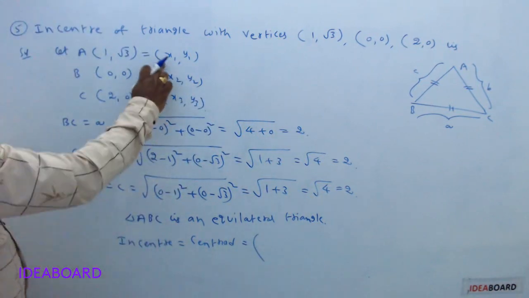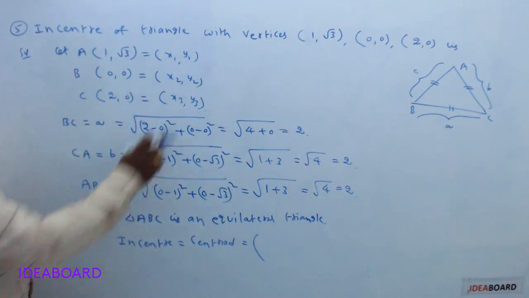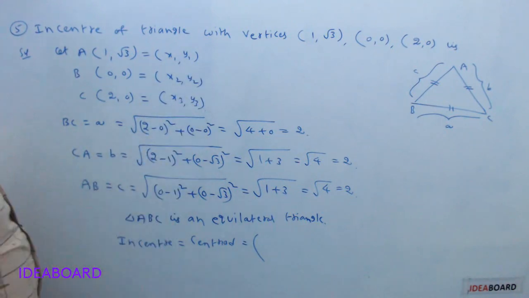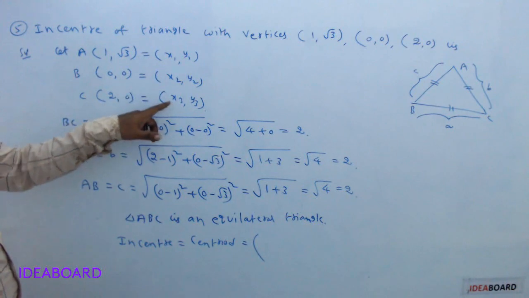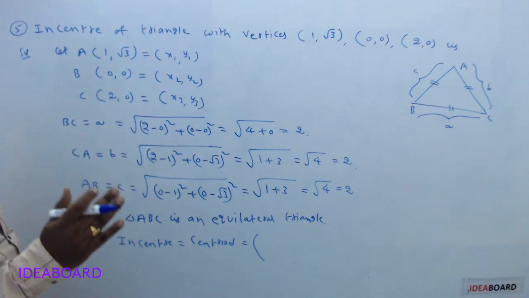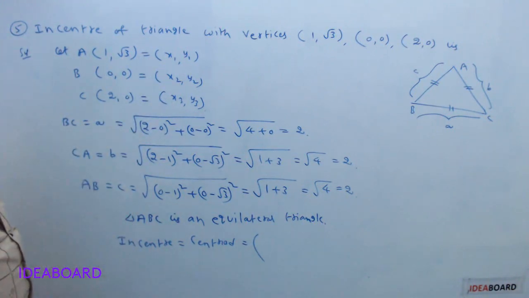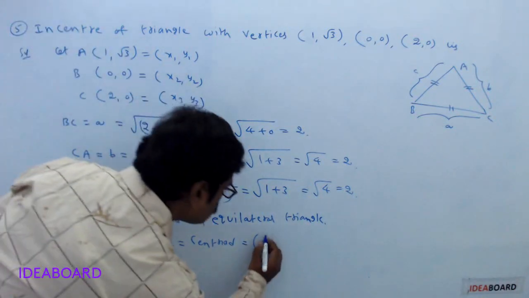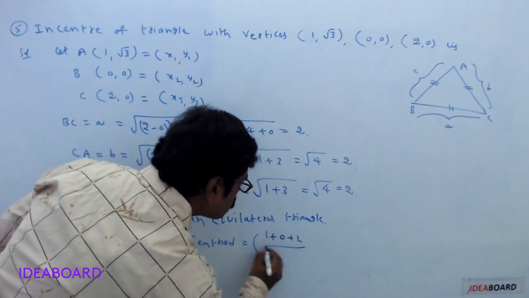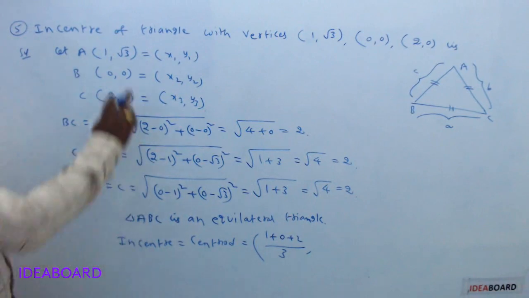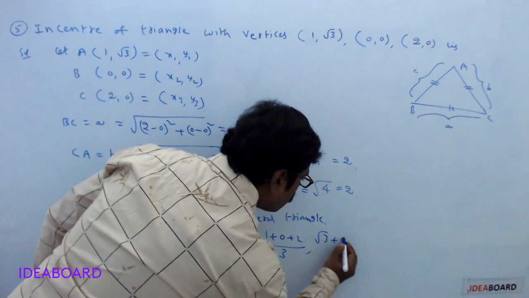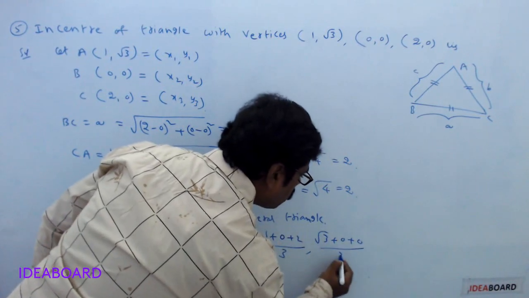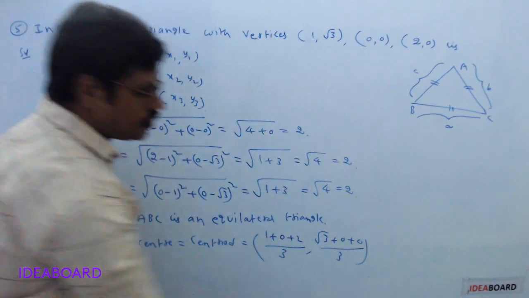What is the formula? (x1 plus x2 plus x3) divided by 3, (y1 plus y2 plus y3) divided by 3. In general, sum of x coordinates divided by 3, comma, sum of y coordinates divided by 3. So (1 plus 0 plus 2) divided by 3, and for y, root 3 plus 0 plus 0 divided by 3.